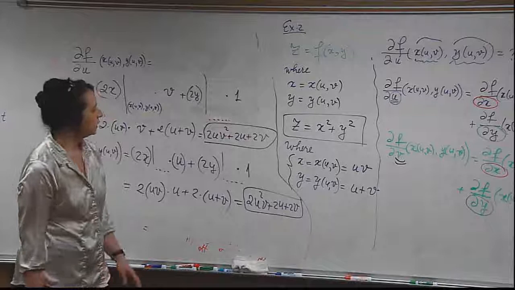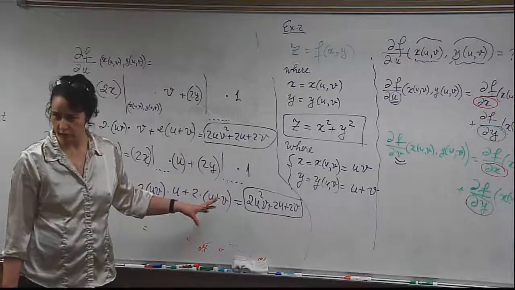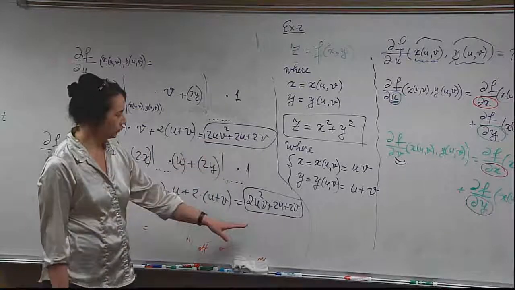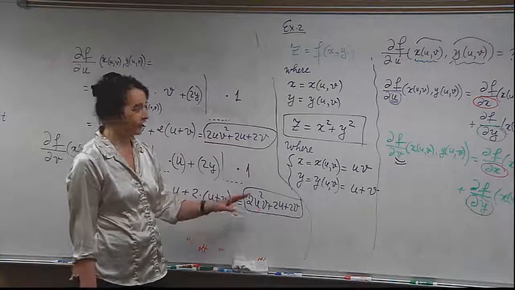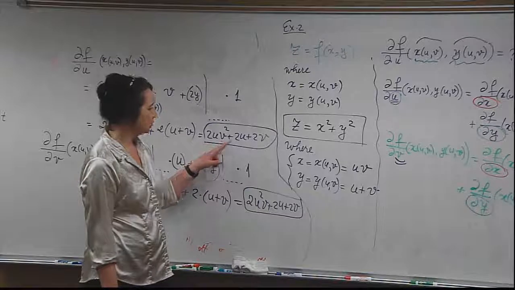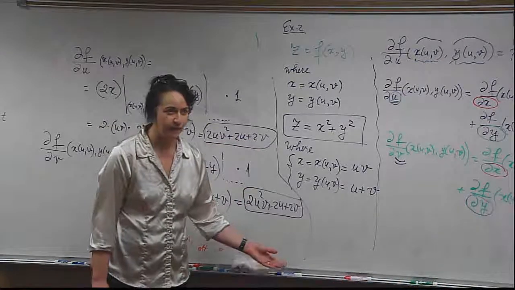So how could I have imagined that I'm going to get this, without doing all the work, if I were smart? I could figure it out just by swapping the roles of u and v. I would have said 2v u squared, 2v plus 2u, and it's the same thing I got here.